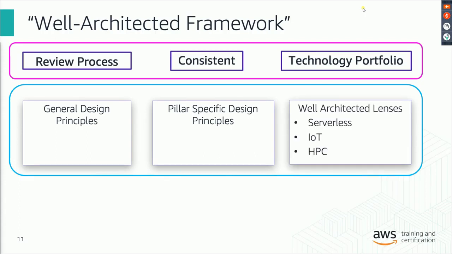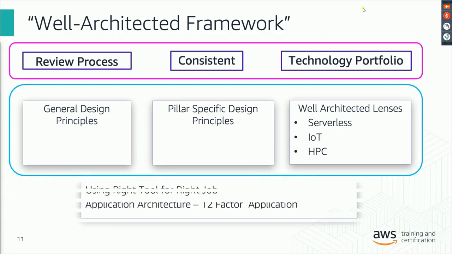They have their own set of design principles, and there are specific architecture lenses that we have based on the workload. So today in the session, we'll be covering the serverless lens. We also have IoT and HPC. If you've got any such workloads, please feel free to connect to the solution architect, the PSA, partner solution architect, and we'll be happy to help you there.